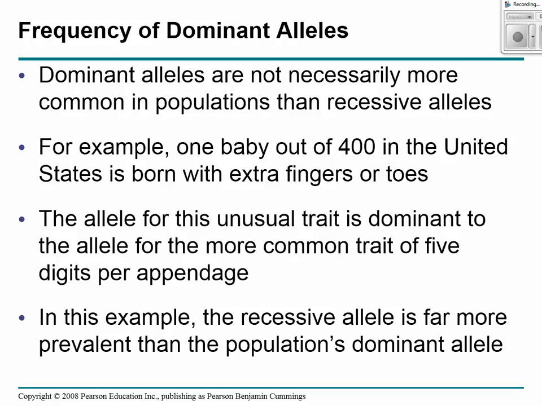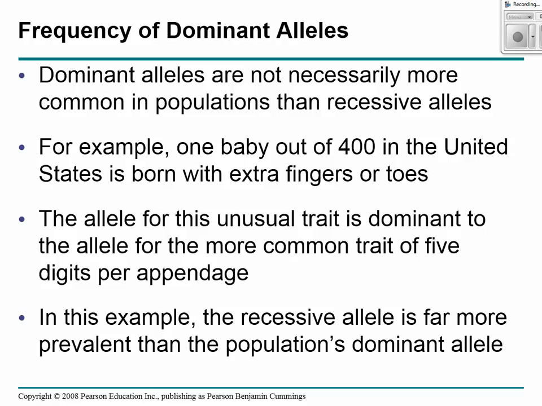Dominant alleles are not necessarily more common in populations than recessive ones. For example, one baby out of 400 in the United States is born with extra fingers or toes. 1 in 400. So we have a good amount of people walking around campus right now who were born with extra fingers or toes. Nowadays, what do they probably do when the baby's first born?